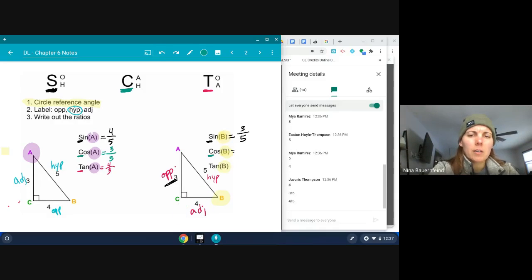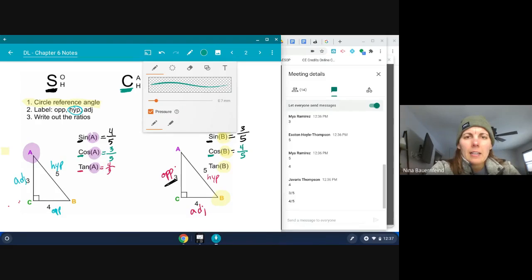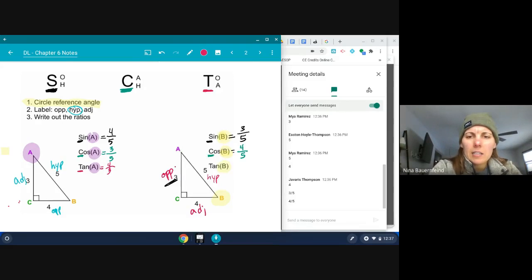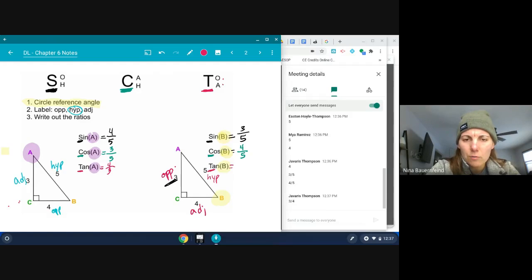Yep. Good. Adjacent is 4 and the hypotenuse is still 5. And then last is tangent. T, O on top, A on bottom. So O is 3. Good. O is 3. 3/4. You got it.